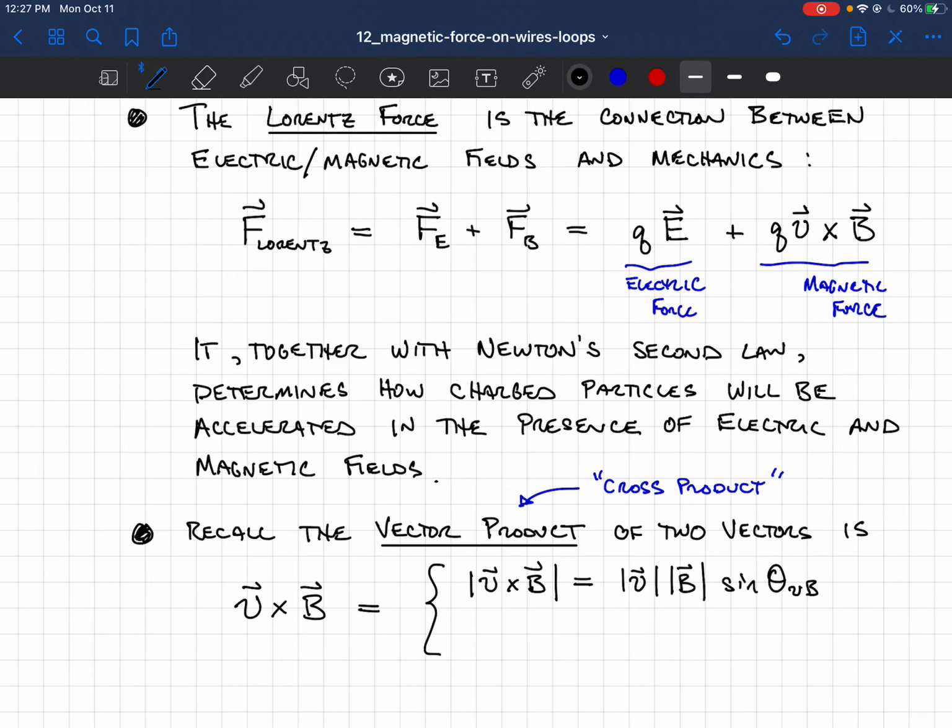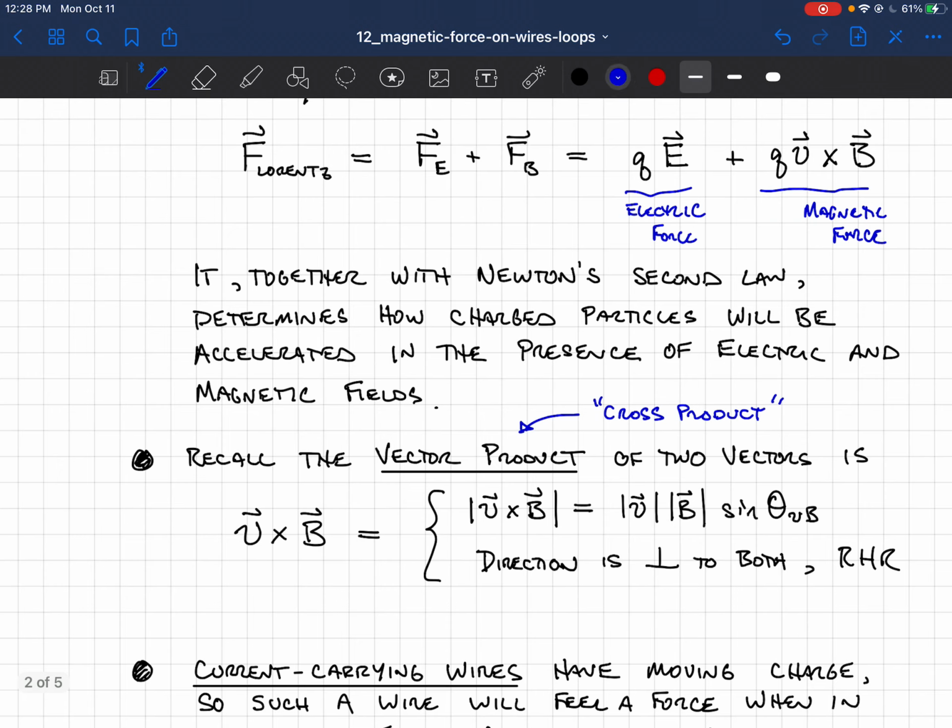That looks a lot like the scalar product, but that's just the magnitude of the resulting vector that you get when you multiply these two things together. We also need to specify the direction. And the direction is, we say, perpendicular to both and given by the right-hand rule.